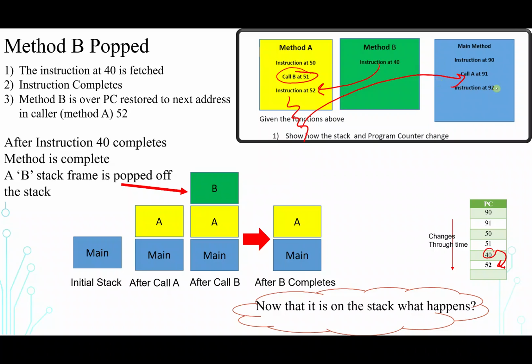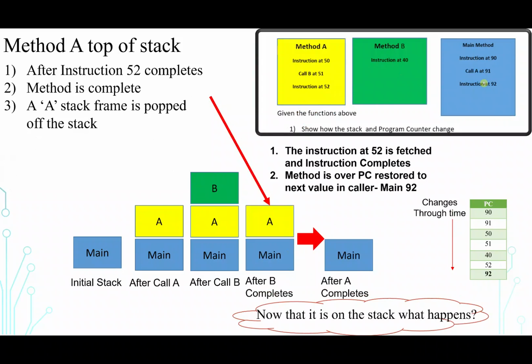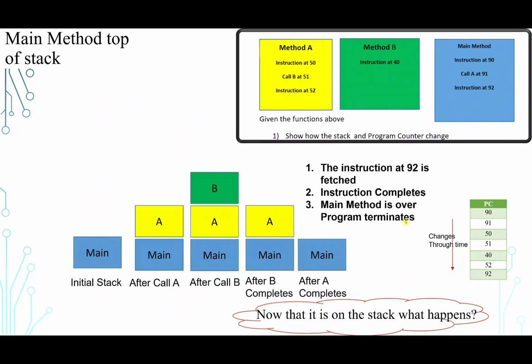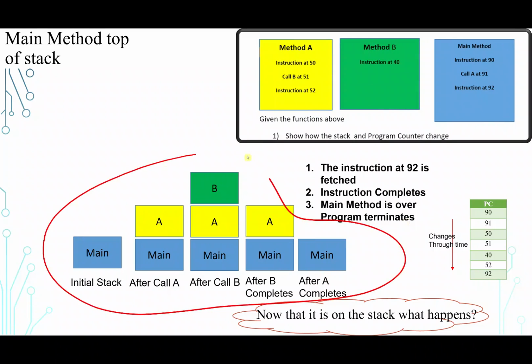The next line in main is 92, so we push 92 and we pop off A. Now, are there any instructions left in the main method? No. So we pop off the main, which is basically represented here by the thing you don't see. So that's it. We are done. This is the trace of our stack, and this is the trace of the changes we have made to the program counter.